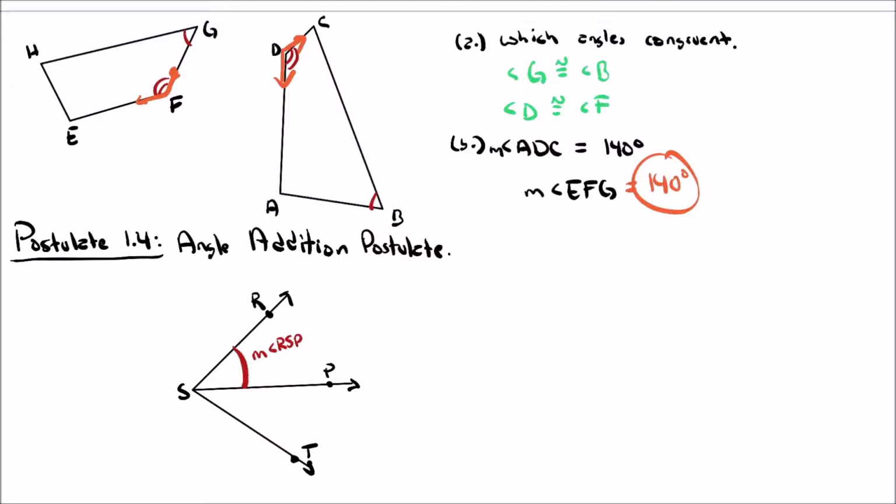And then in green over here, I'm going to highlight what the measurement of angle PST is. And so if we wanted to find the measurement of RST, we would actually need to add the other two angles together.